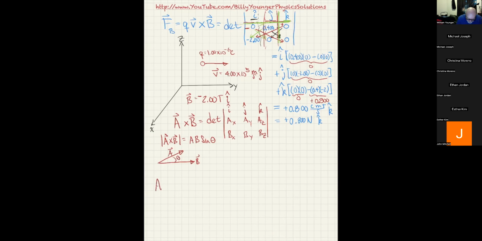So A cross B is equal to, I'm going to write that same matrix: i hat, A sub X, B sub X, j hat, A sub Y, B sub Y, k hat, A sub Z, B sub Z. Now, if I write the first two columns over again, i hat, A sub X, B sub X, and j hat, A sub Y, B sub Y, now I can immediately write the solution.